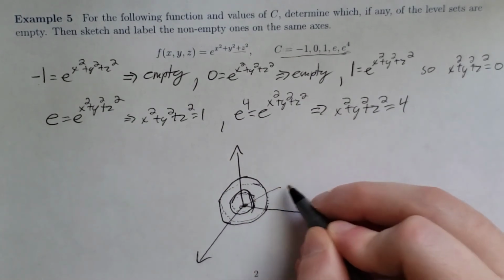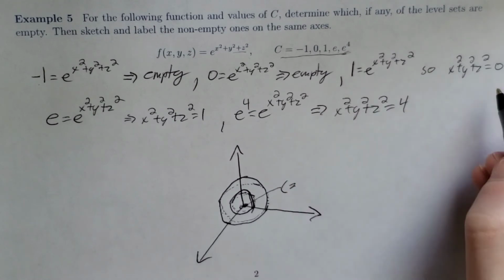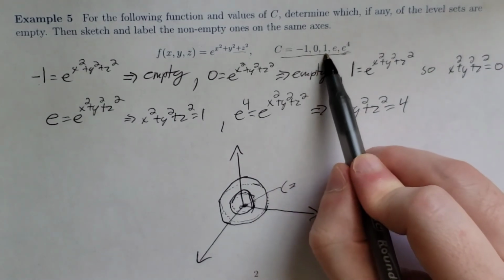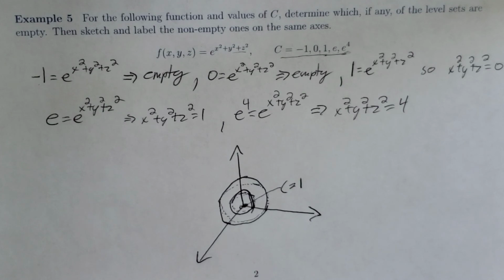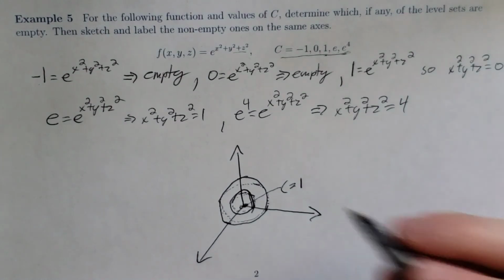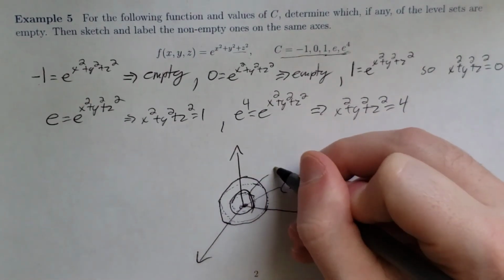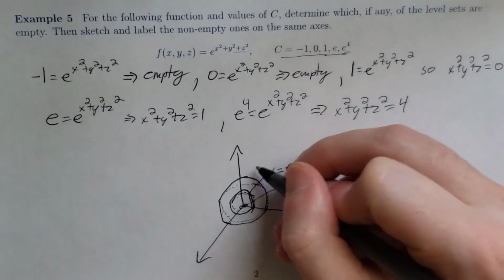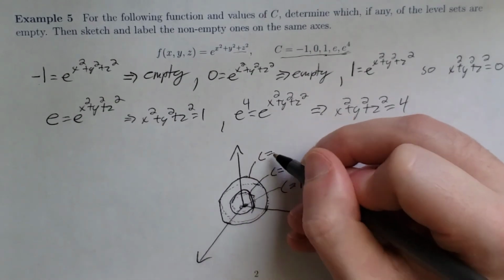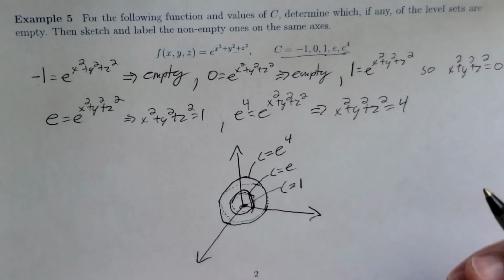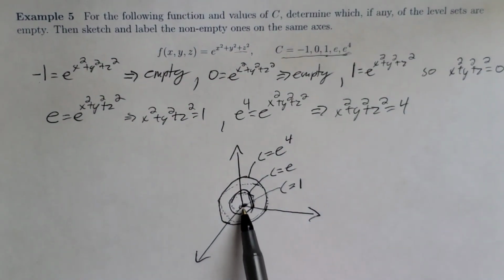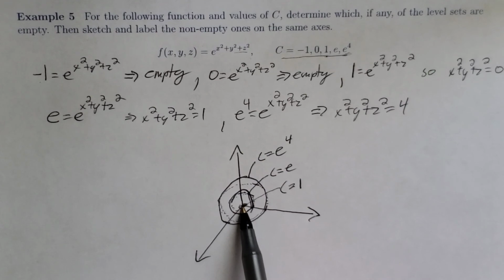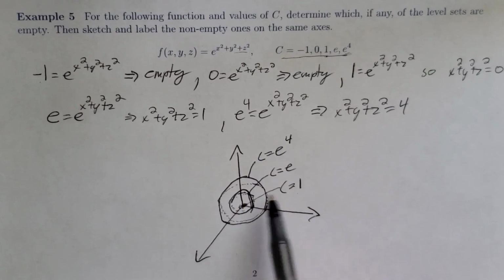So the sphere of radius 0 corresponded to the c equal to 1 value. Then we had a sphere of radius 1 was c equal to e, and a sphere of radius 2 was c equal to e to the 4th. So essentially what we're drawing there is this value, x equals 0, y equals 0, z equals 0. When we plug it into the function, will output 1.